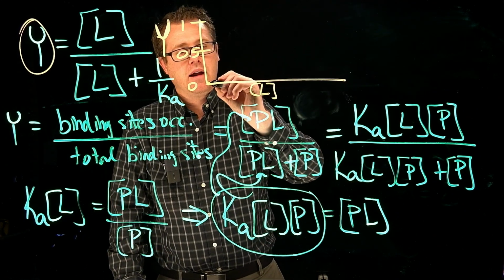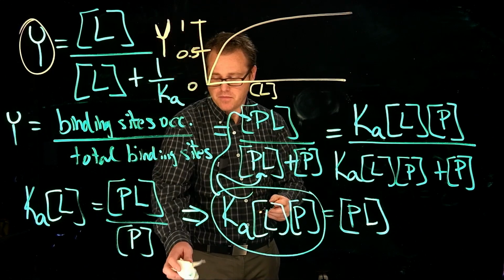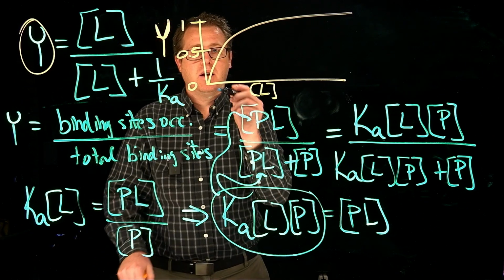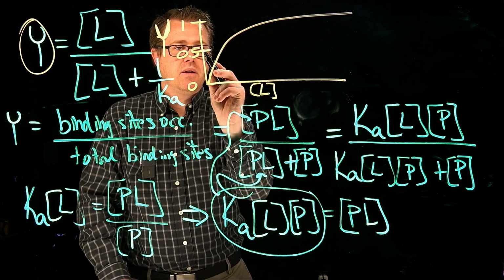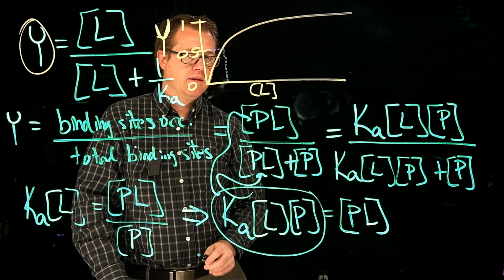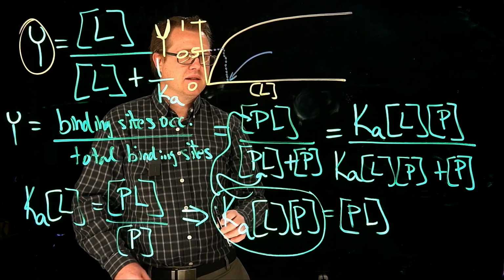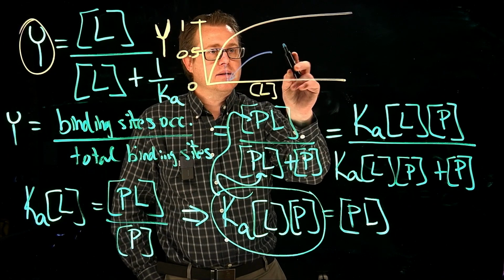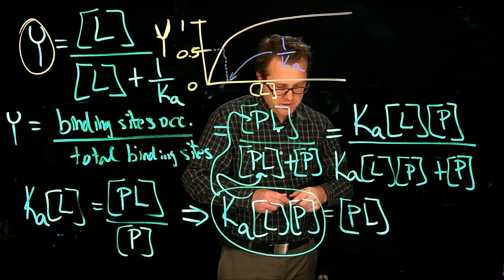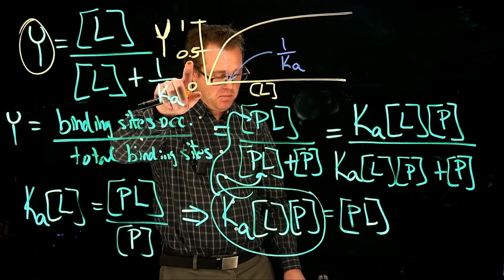And so what we're going to have is a curve that looks something like this. And at this point, if we go from 0.5 all the way over, and then come down here, right there, that point on the x-axis right there, that is 1 over Ka. So what does this 0.5 mean?